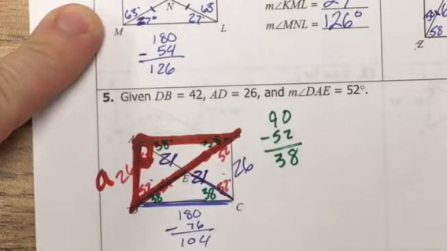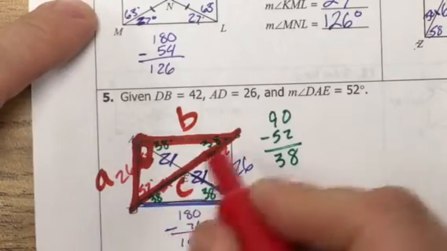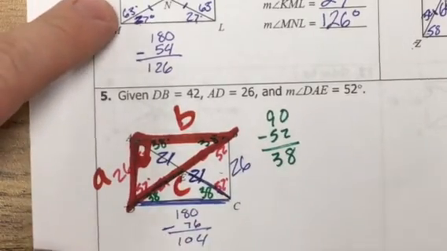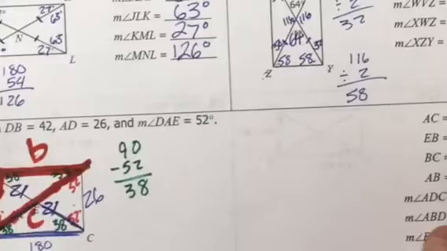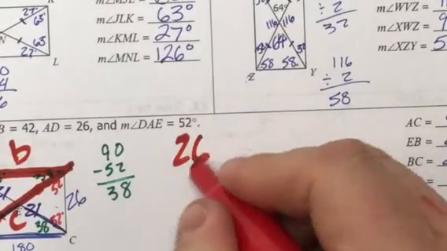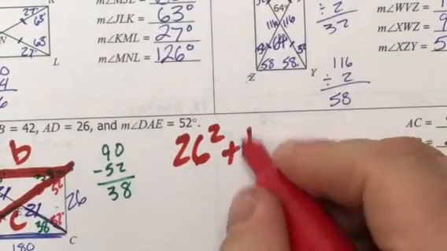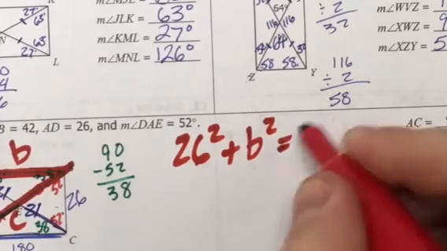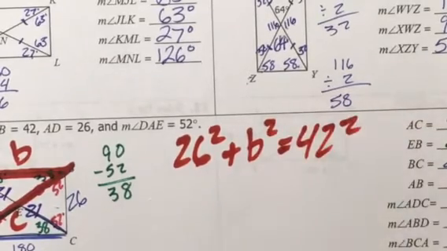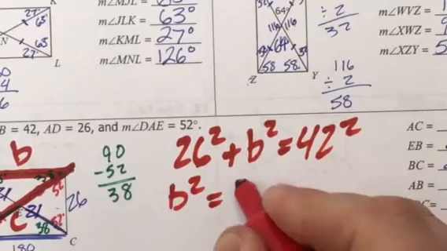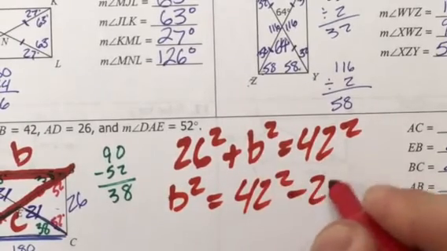I know A is 26. I'm looking for B, and I know C is that diagonal. They already told me is 42. So as I'm doing that, I'm going to come over here. I'm going to say 26 squared plus B squared equals 42 squared, or B squared equals 42 squared minus 26 squared.